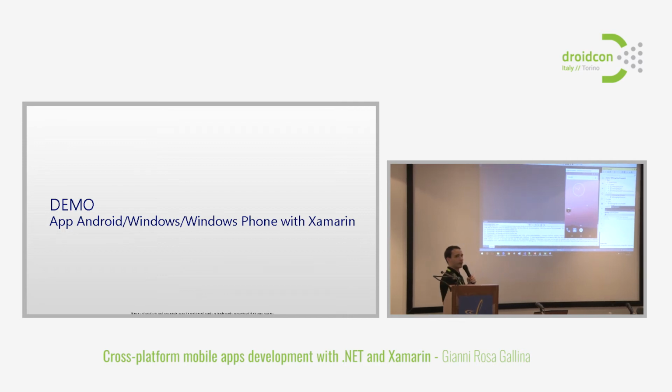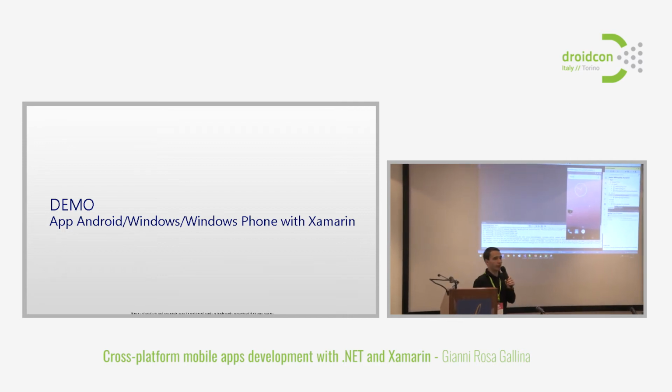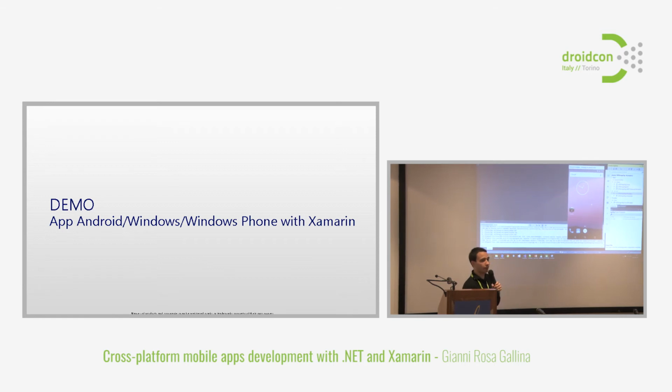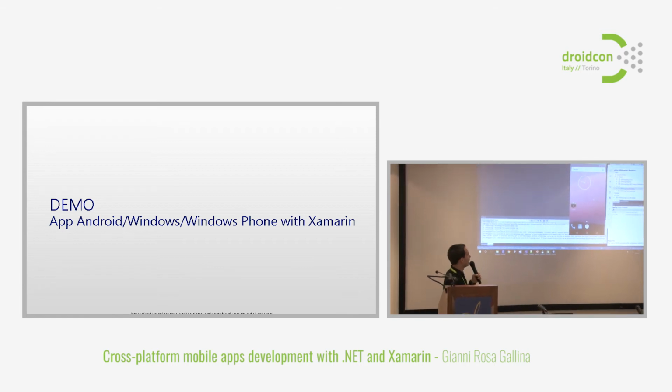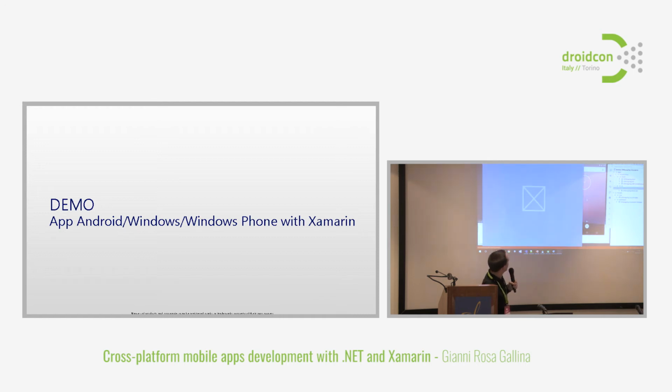Otherwise you can plug in your phone and use ADB as you would in Android Studio, and you can deploy directly on your phone or your device. The same happens with iOS, and also with Windows. So the deployment started, now it's running the application here. And we have the Windows counterpart. So we have the same application running natively on both Windows and Android.